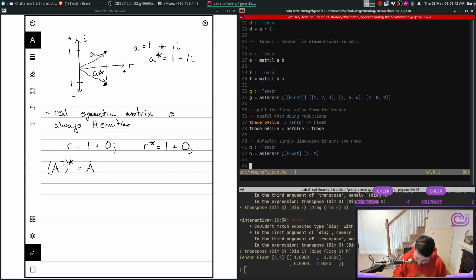I need to find a better way to write the dagger. Like that, maybe that's better. It's not a plus sign, it's supposed to be a dagger. It's very hard for me to draw, but you would pronounce this literally as A dagger, and that's the Hermitian transpose.